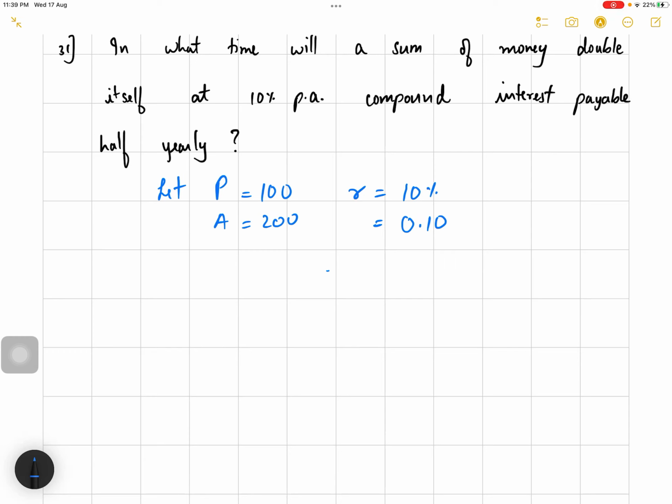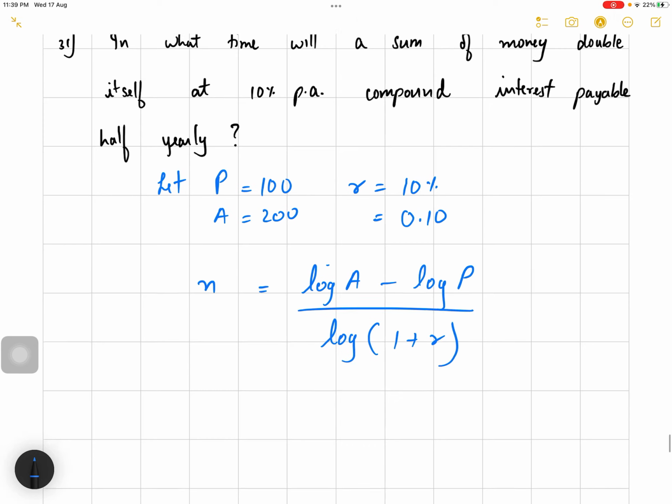So the formula for n, when you want to find n, is log A minus log P upon log 1 plus r.